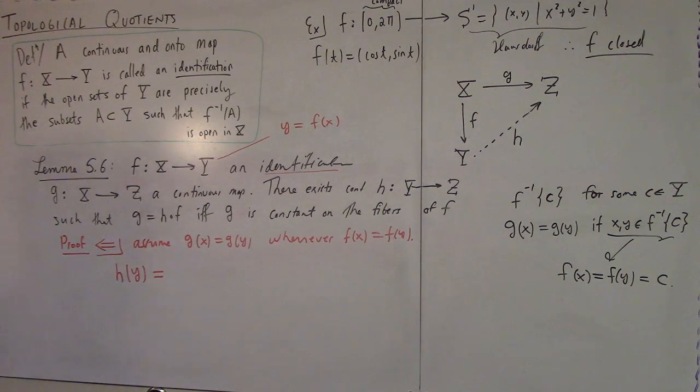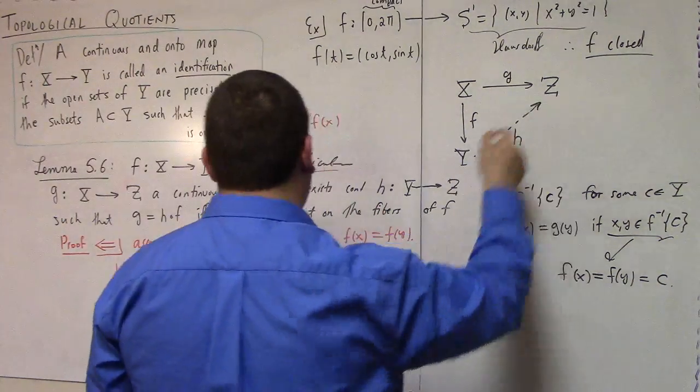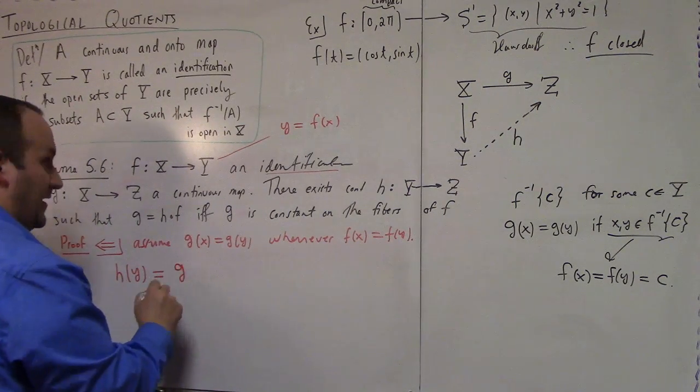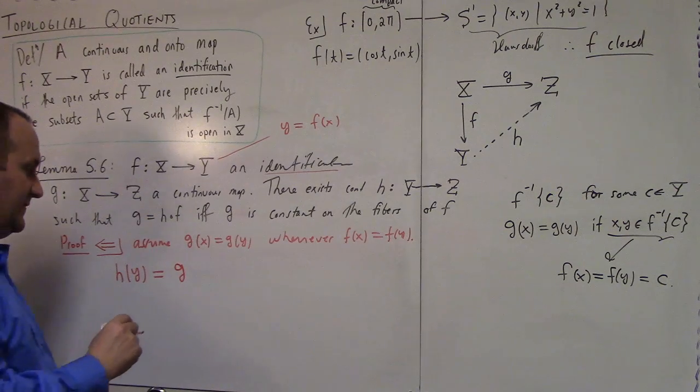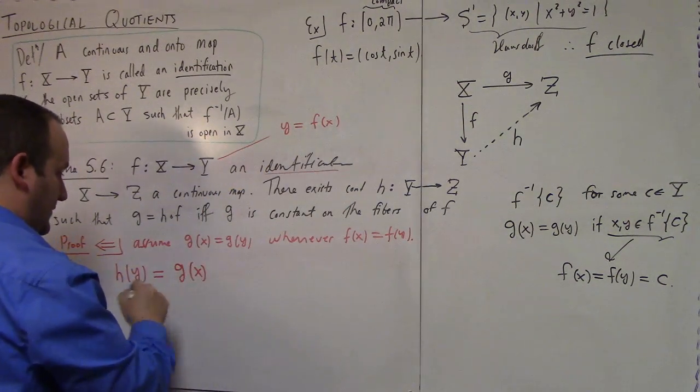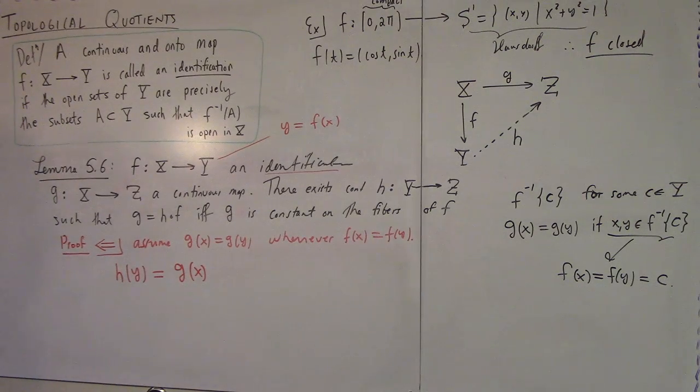And I'm trying to define h mapping from Y to Z. How do I get to Z? I use g. What do I feed to g? x. Now x in principle here is not uniquely given. So this begs the question, is this function well defined?